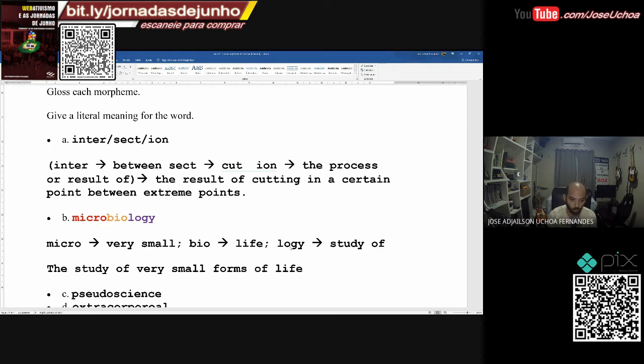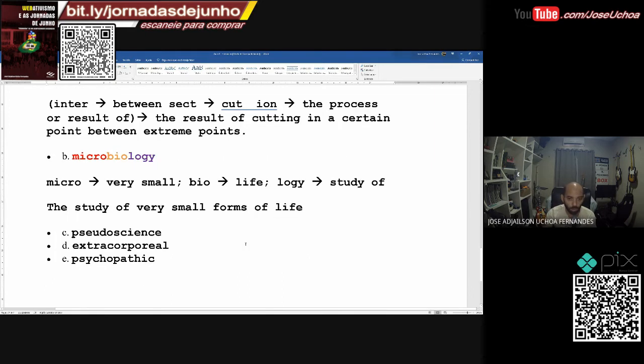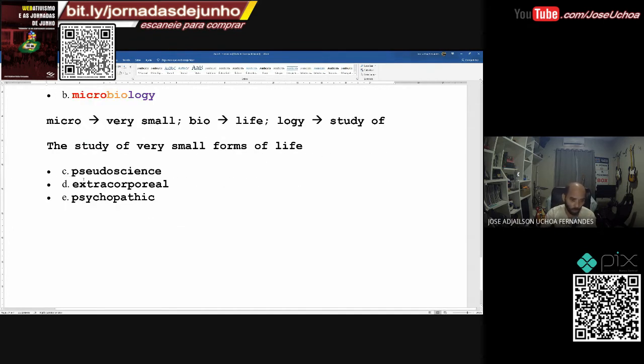Yeah? This would be a working definition. Of course, yours could be slightly different, but I think if you went through this path, you cannot escape into very different meanings. Now let's go to the next one, pseudoscience.